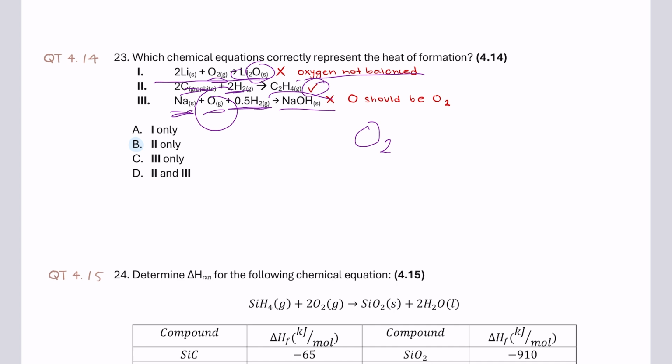So this disqualifies equation 3 as a proper formation equation because it doesn't start from the elements in their standard state. So 3 is incorrect. Therefore, the only equation that correctly represents the heat of formation is equation 2, and 23 is answer choice B.